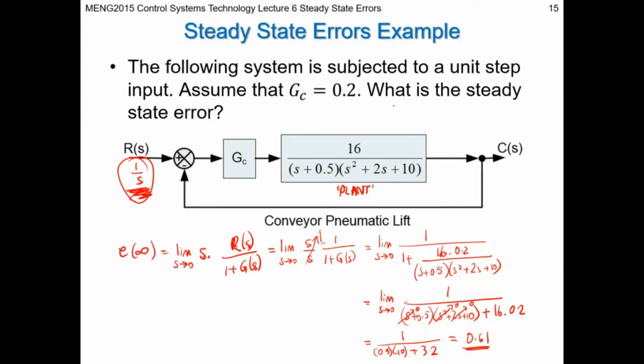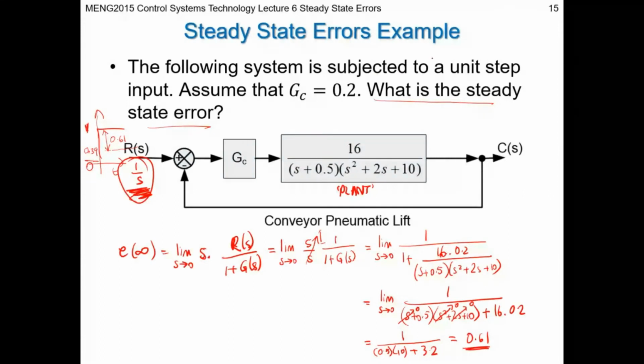Now, that's our steady state error right there. So if we have our unit step input, our input goes from 0 to 1, then our steady state error is going to be about 0.6. So you have to subtract: 0.61 from 1 is going to be our final value, which is 0.39.